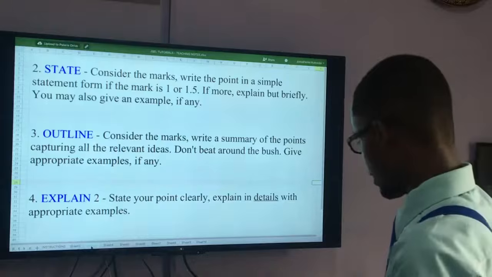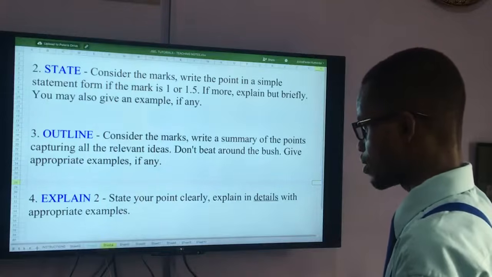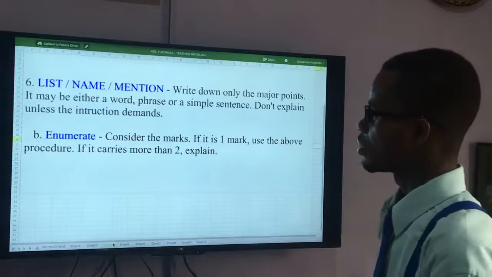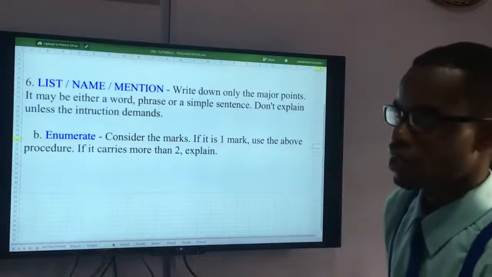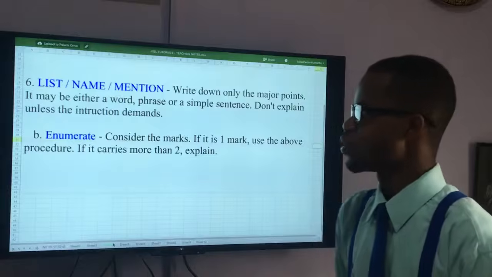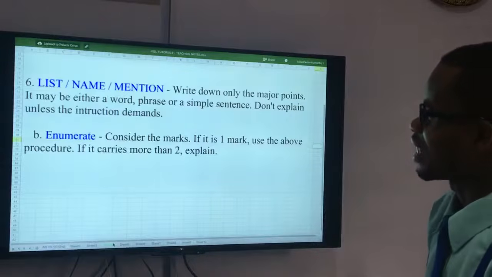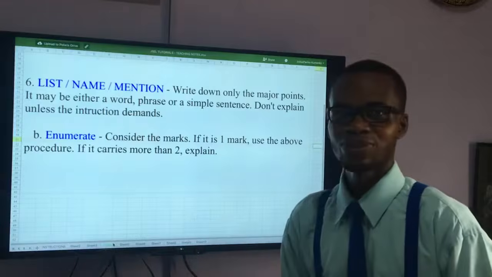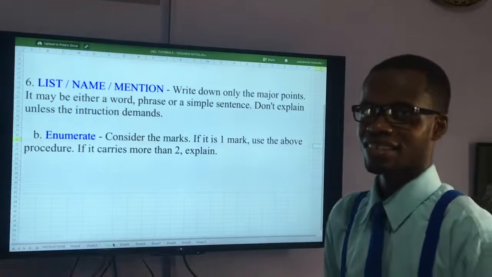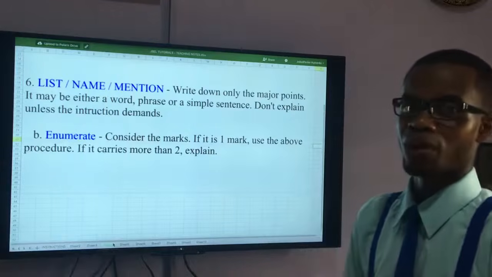Alright, let's look at the next set: list, name, mention. I always say that students like this one most. Here you don't need to construct any sentence. It is not compulsory.